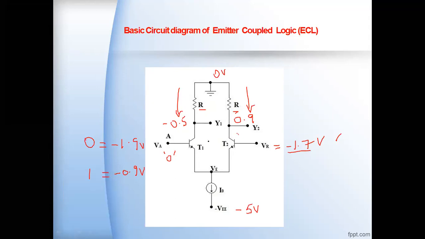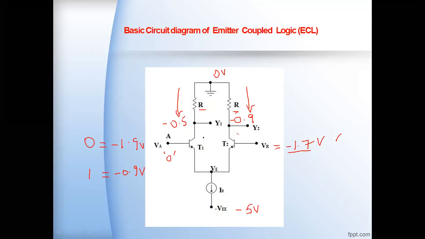Let's say 0.9 volt. So now if you see the 0.5 volts on the T1 transistor collector and the 0.9 volts at the collector of the transistor Q2, these are all negative values here. Now you say which one is the logic high state value, which one is the logic low state value.